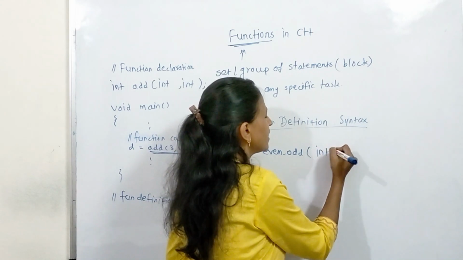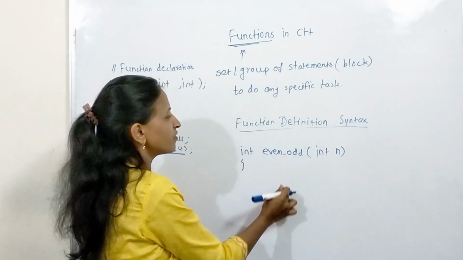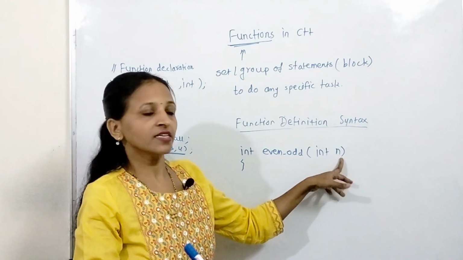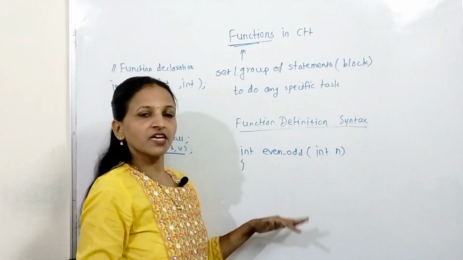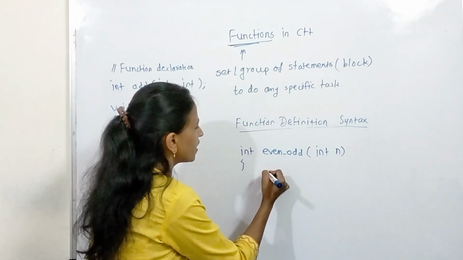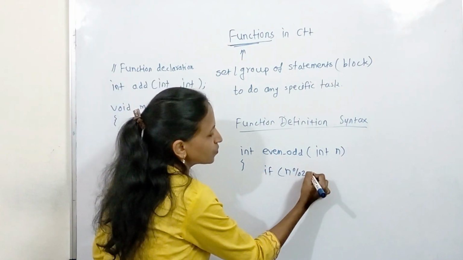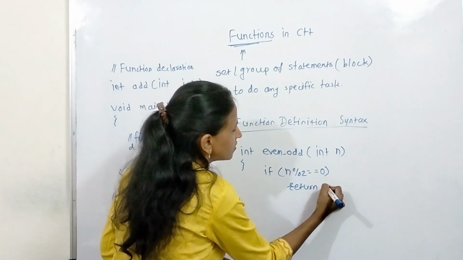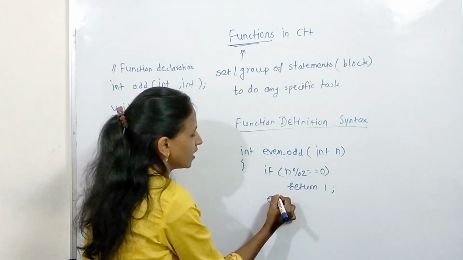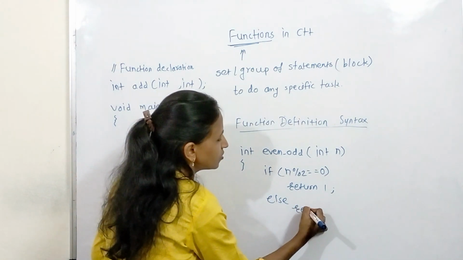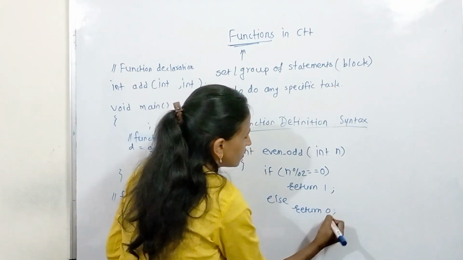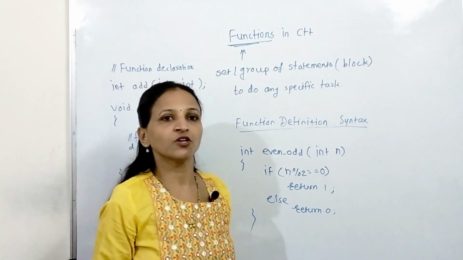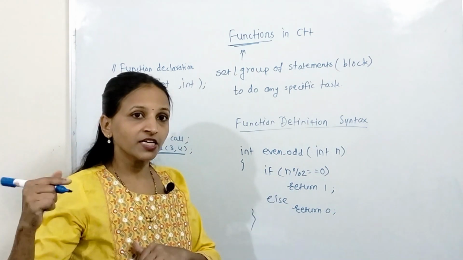If n modulus 2 is equal to 0, then we return 1, meaning even, else we return 0, which indicates it is odd. In this way we can write a function to check whether a given number is even or odd. That we have to call in main.